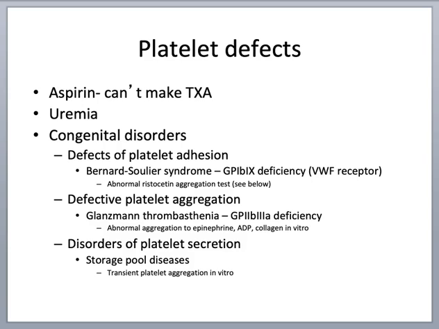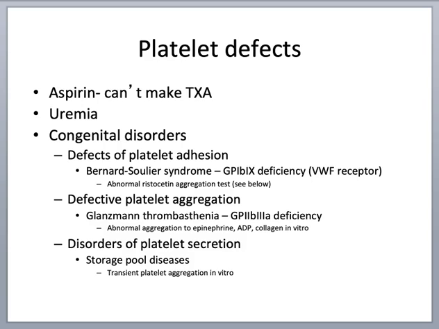We see this in Glanzmann thrombasthenia, and this is due to a deficiency or defective platelet surface glycoprotein receptor, GP2B3A. And then finally, which I don't talk about in detail whatsoever, is disorders of platelet secretion. There's a variety of storage pool diseases in which platelets are not able to either package the storage products or release them in an appropriate manner.